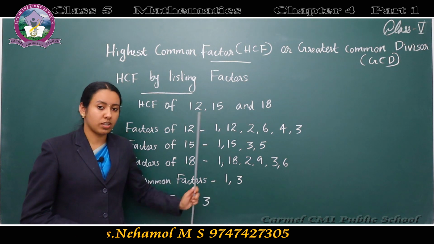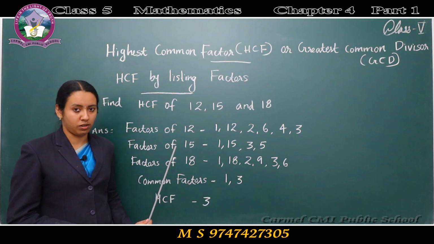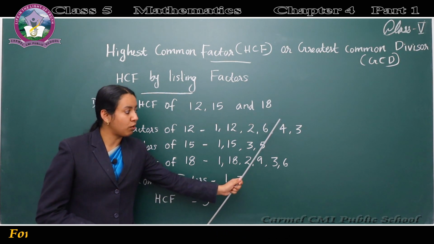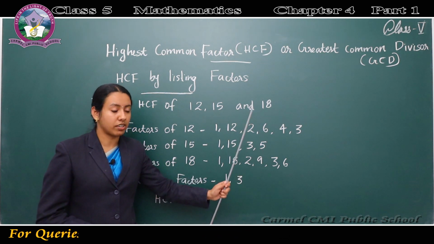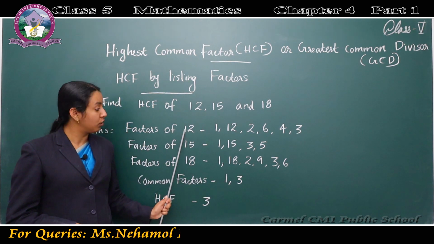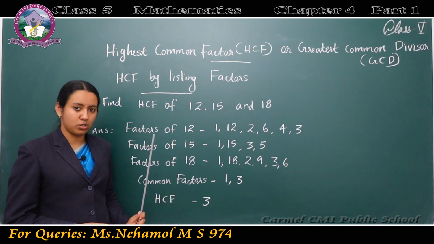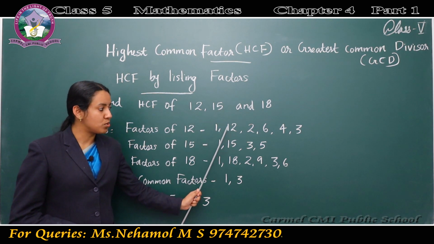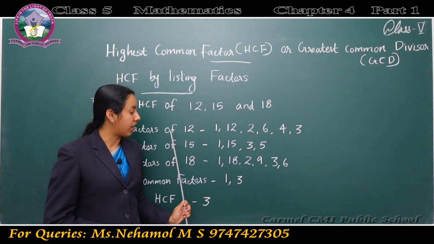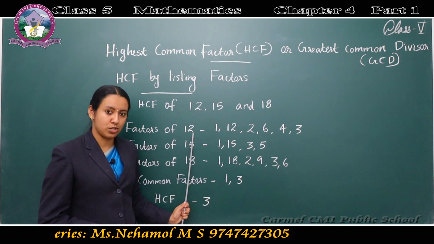Then 2 times 6 is 12, so 2 is a factor, 6 is a factor. Then 4 times 3 is 12, so 4 is a factor, 3 is a factor. Is there any other pair of numbers which give product as 12? No. So 1, 12, 2, 6, 4 and 3 are the factors of 12.